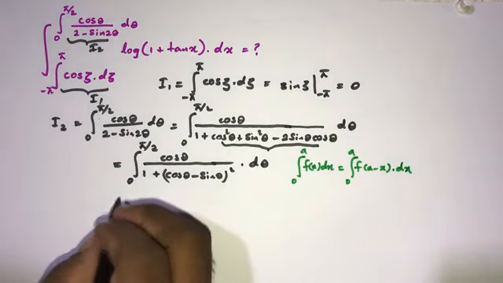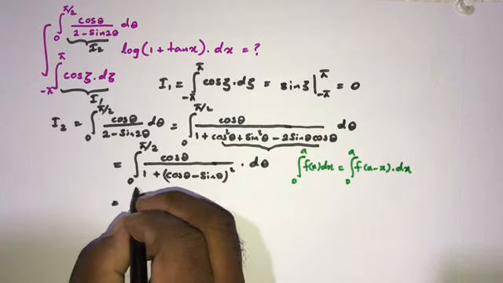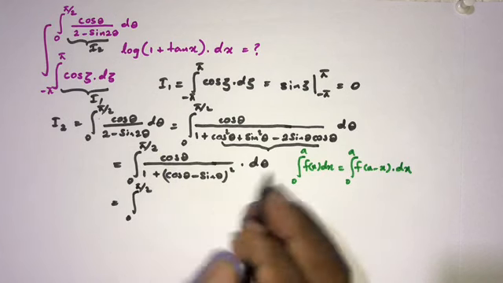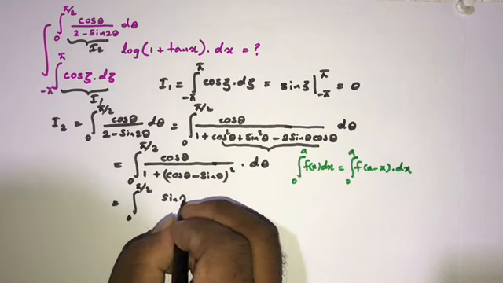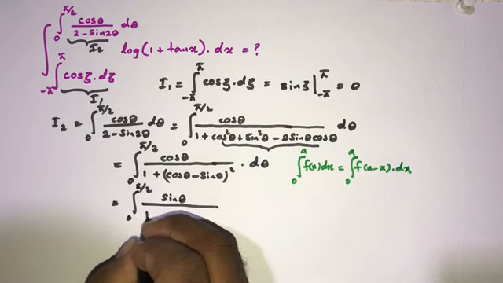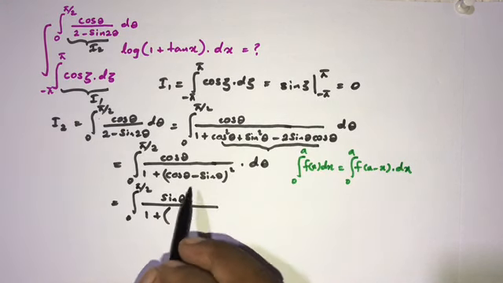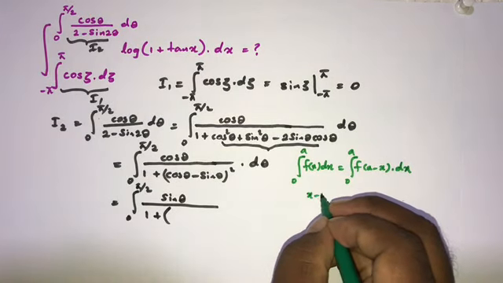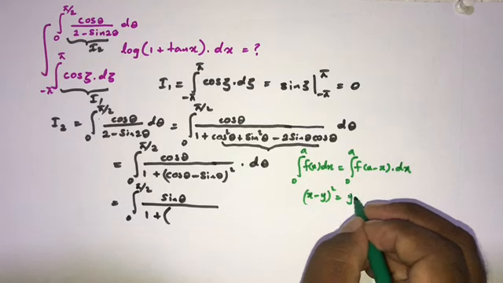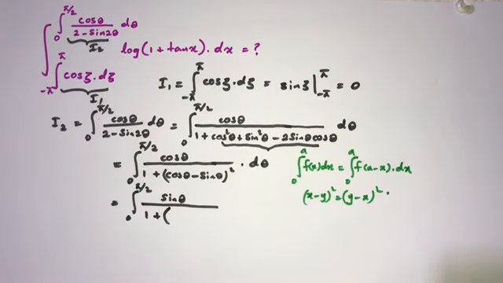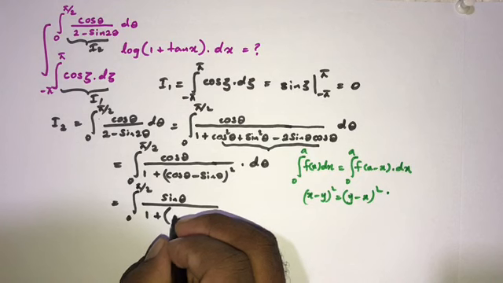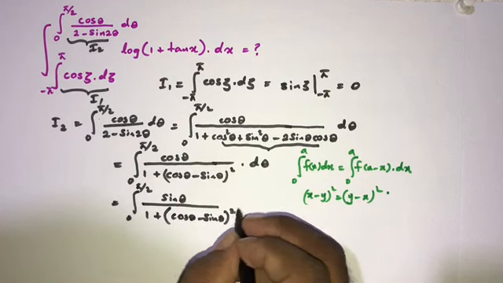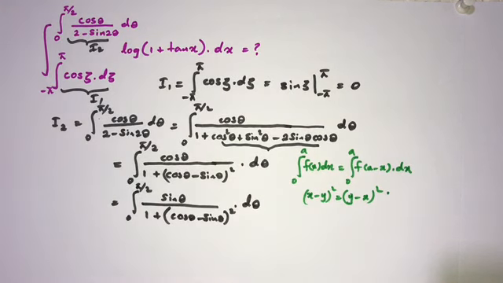So we can write here now 0 to π over 2. Now cosine of π over 2 minus θ, we know, is sine of θ over 1 plus, here again sine of θ minus cosine of θ, but we know x minus y square is equal to y minus x square. Therefore we can write this is equal to cosine of θ minus sine of θ square dθ.